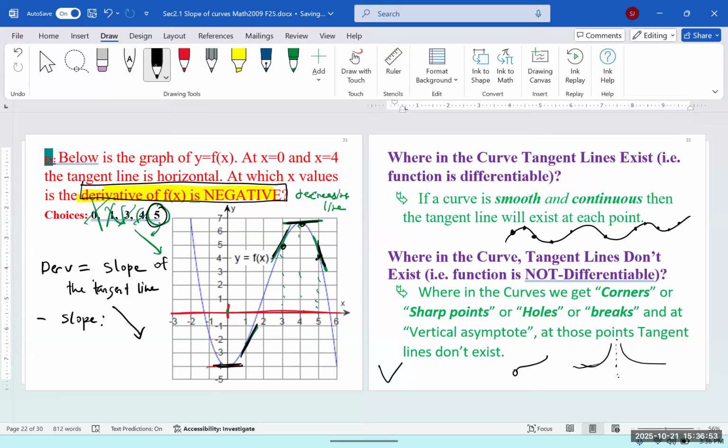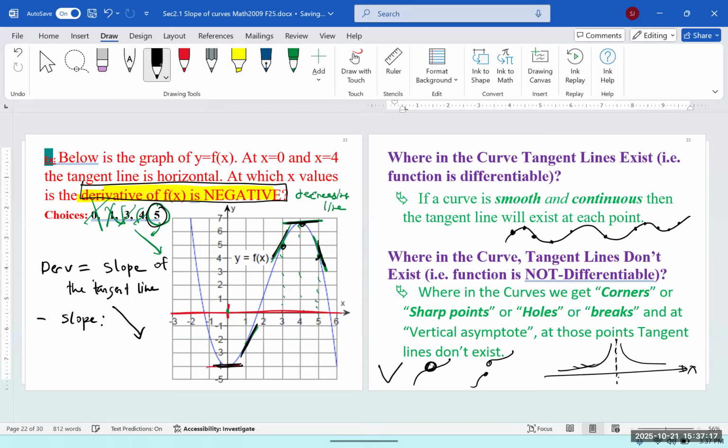So sharp corner, hole, breaks, or jump. This is a jump, and this is a break. At 4 places, you cannot have a derivative.